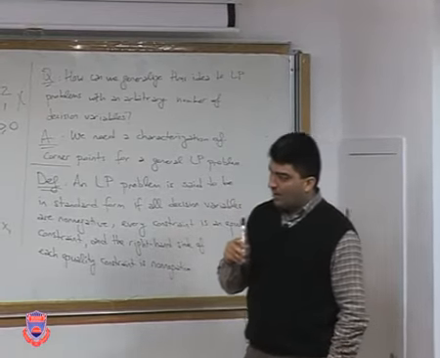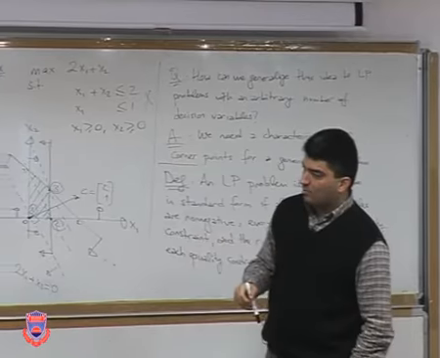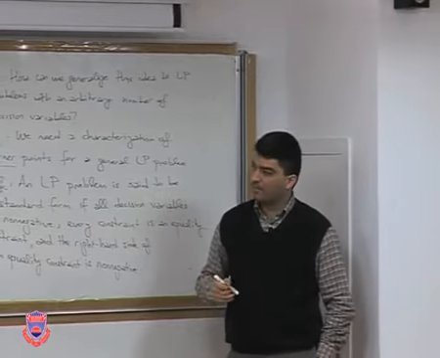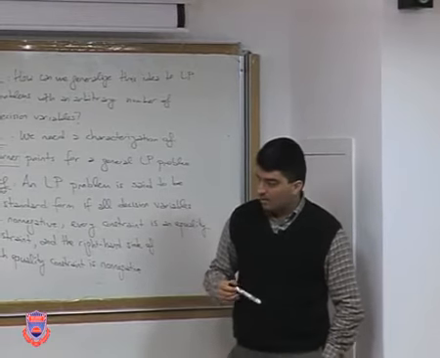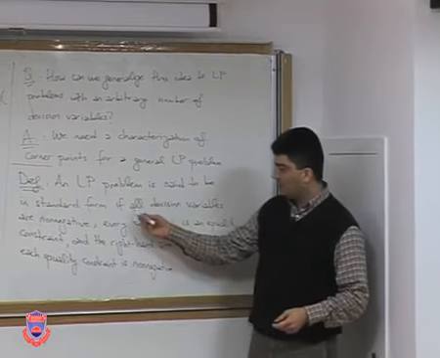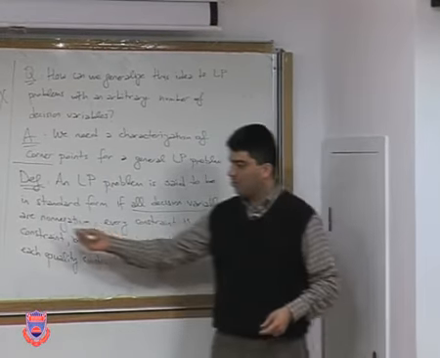So how can I be sure that every LP problem in standard form actually has a corner point? Well, remember, one of the properties that should be satisfied is that all decision variables should be non-negative.